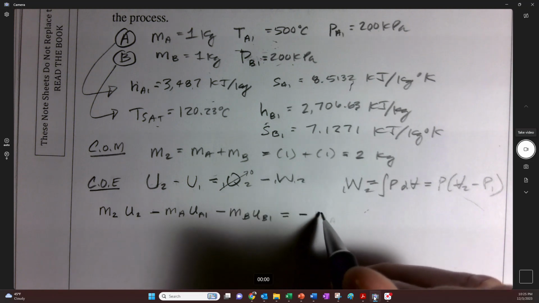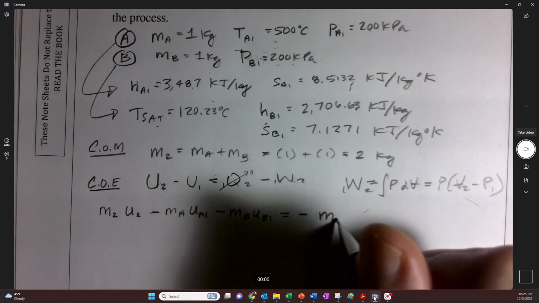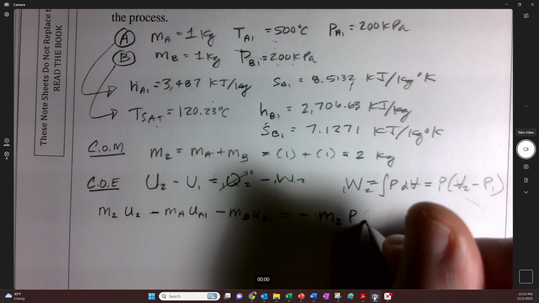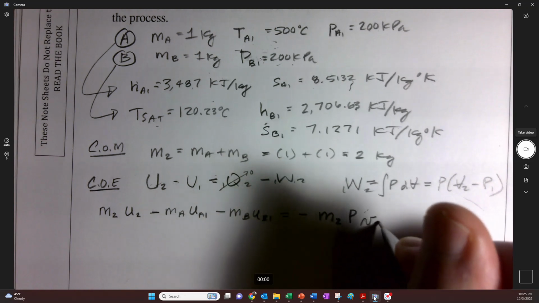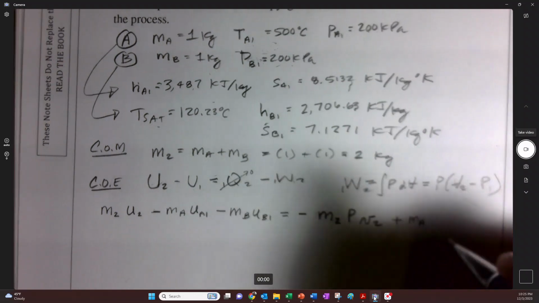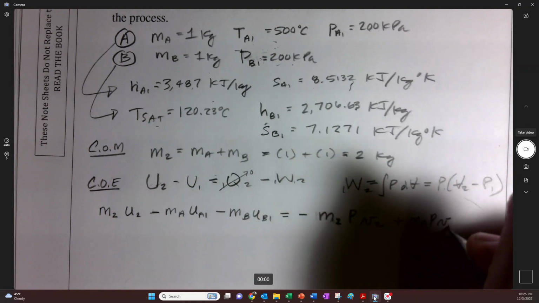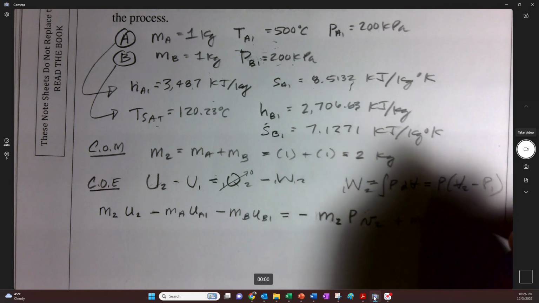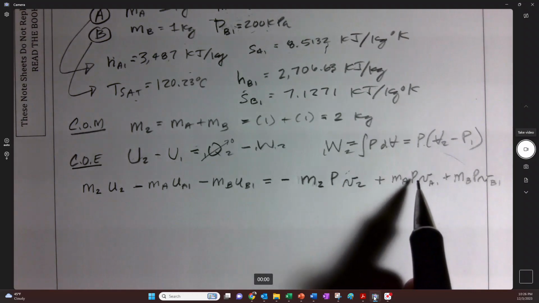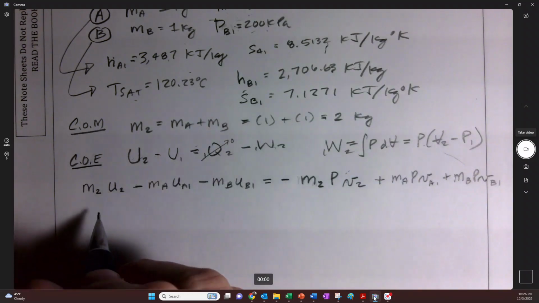So the change in work from 1 to 2: M2 times P V2, plus MA times P VA1 plus MB P VB1. Sorry, I'm making a mess here.